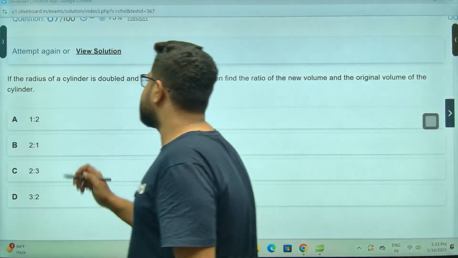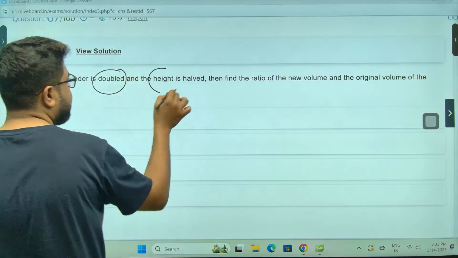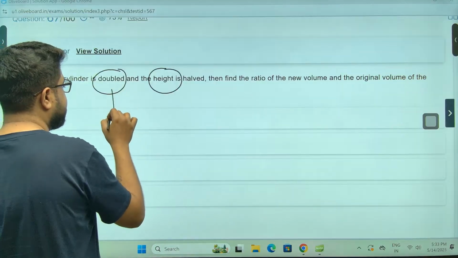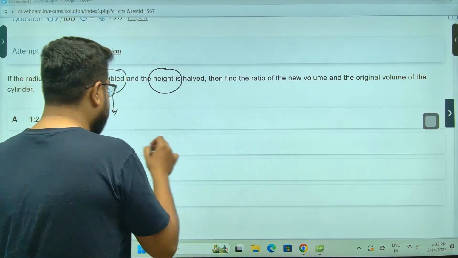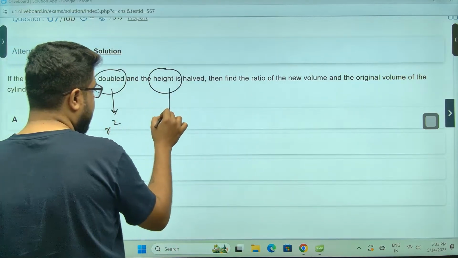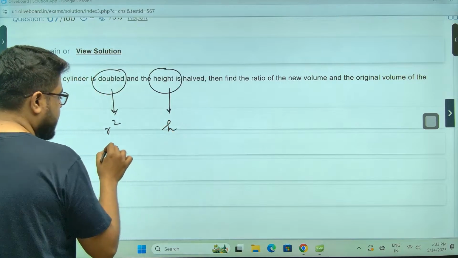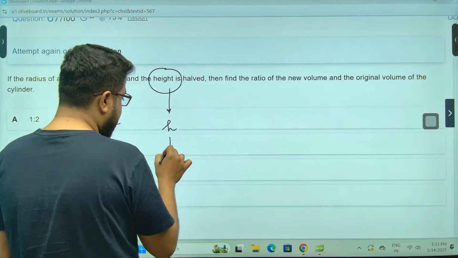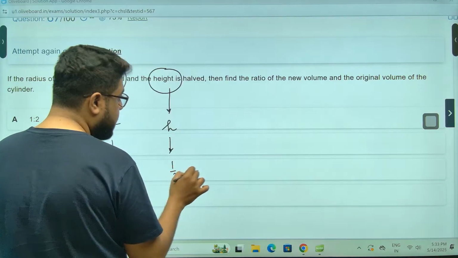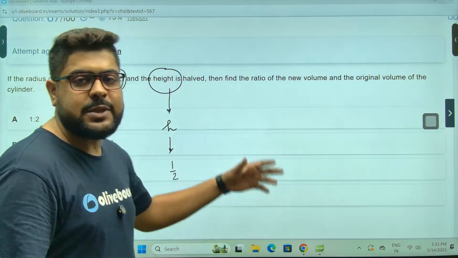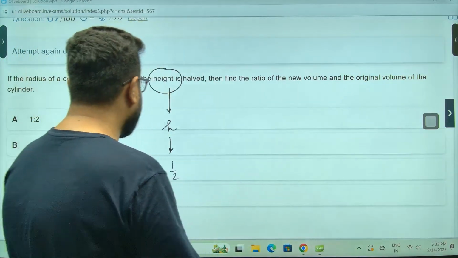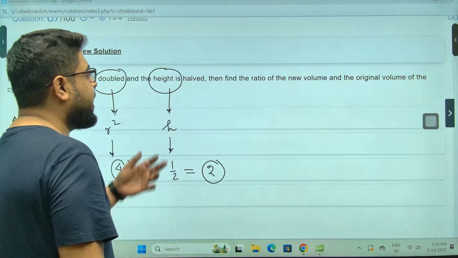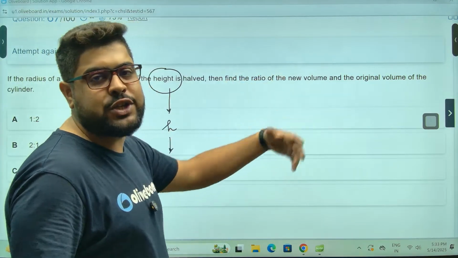Radius of a cylinder is doubled and the height is halved. Sir, radius comes in the formula for cylinder or cone as r square, and height is only h. So if the radius is doubled, it will become 4 times, 2 into 2. The height halved means it will become only 1 by 2. So volume will become 4 into half, which is 2 times. So the ratio of new volume will be 2:1, sir.